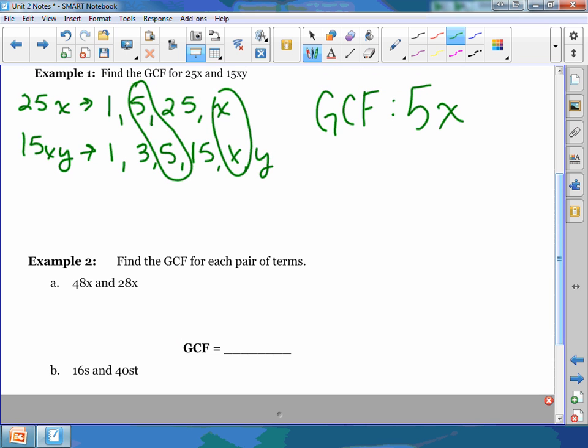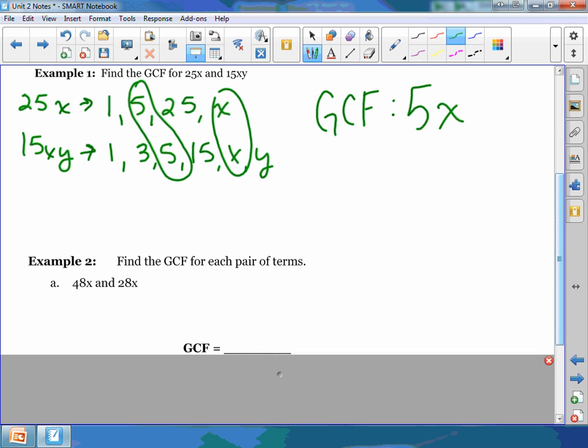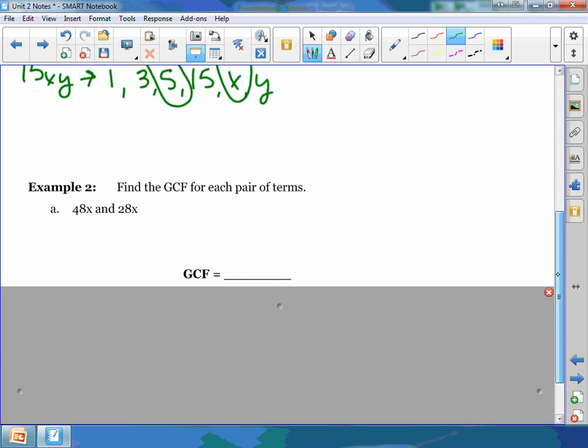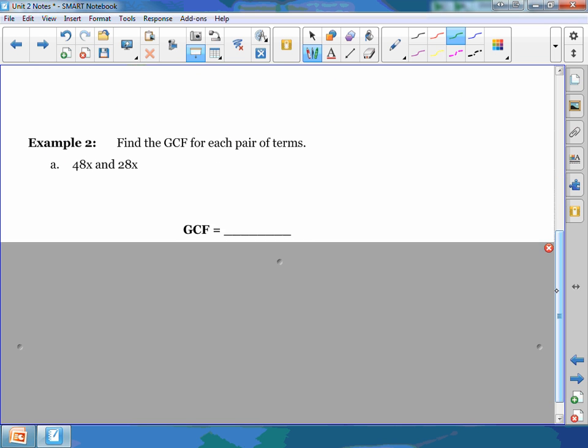All right? Let's take a look at another one here. This next one's going to exemplify what I'm talking about in terms of needing or preferring a strategy. So 48x and 28x. I need a list for 48x. I'll start us off. 1. All right? You can just say them. I'll just write what I hear as long as it works. 6.